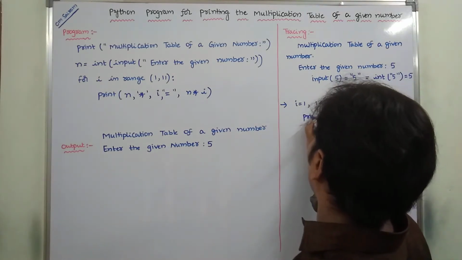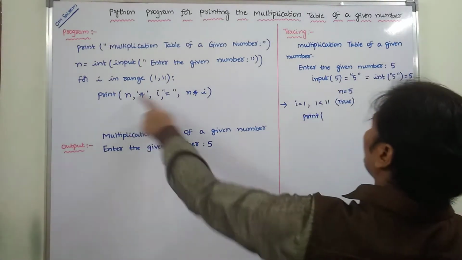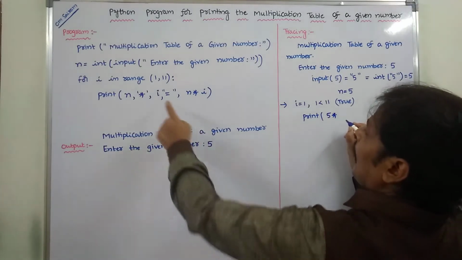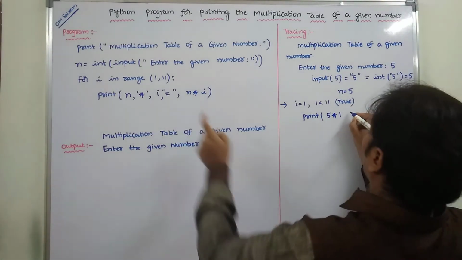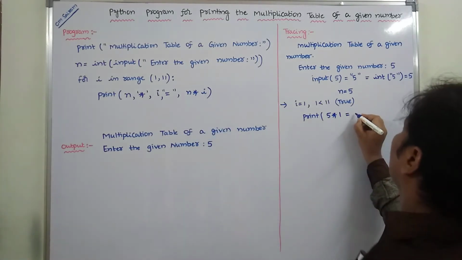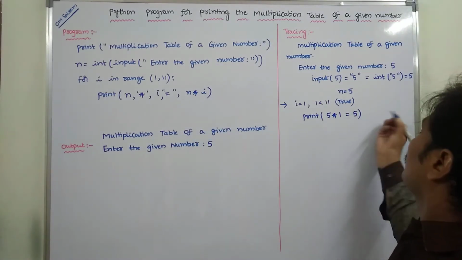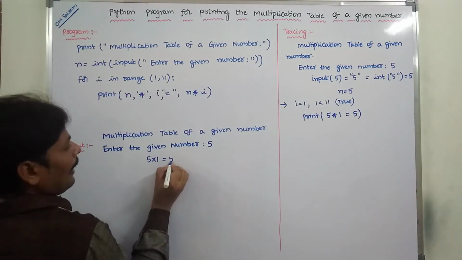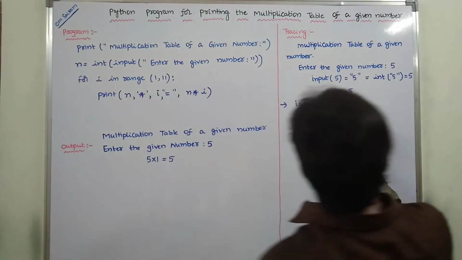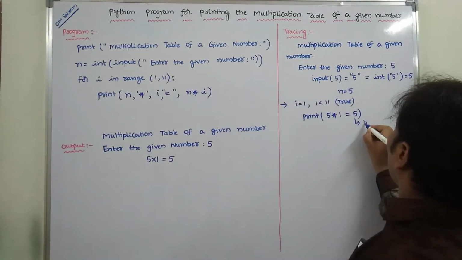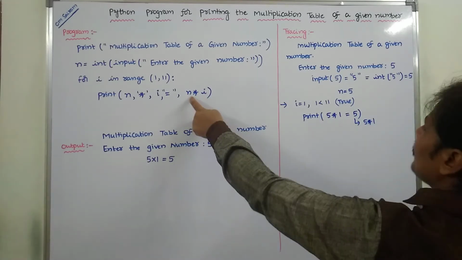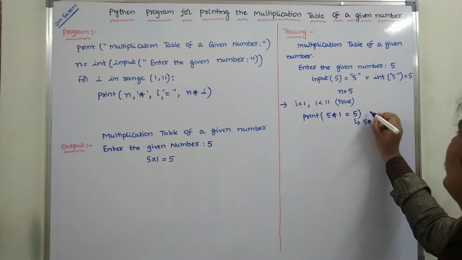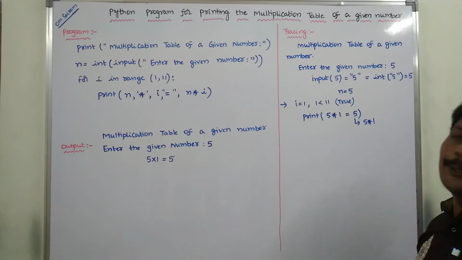So print n value 5 into I value 1 is equal to 5 into 1, which is 5. So printing 5 into 1 is equal to 5.